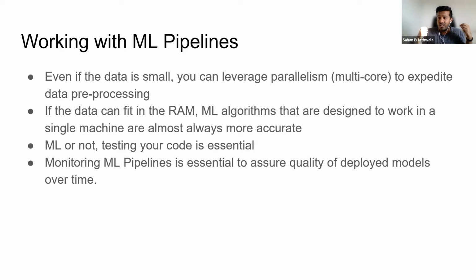So this can be not as effective and accurate as training in a single core, or training with all of the data in the RAM where there is full visibility. So if your training data can fit in your RAM, using a distributed machine learning approach might be a bit of an overkill, and it can also compromise a tiny bit of accuracy and precision from your machine learning task.